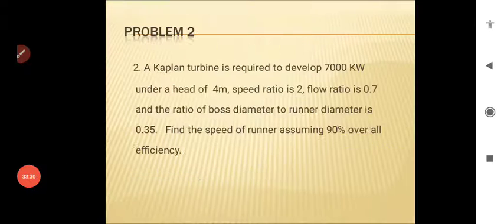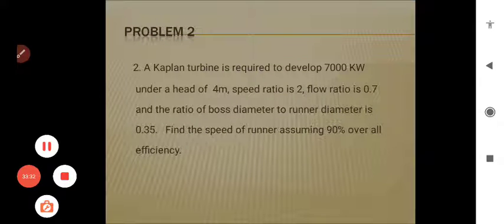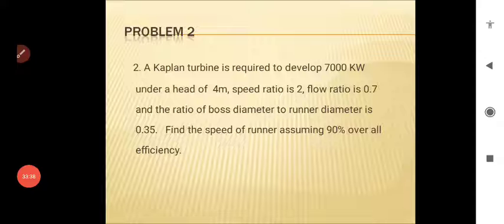Now let us start the solution of the second problem. A Kaplan turbine is required to develop, sorry for the inconvenience, this is for the second problem. A Kaplan turbine is required to develop 7000 kilowatt under a head of 4 meter.